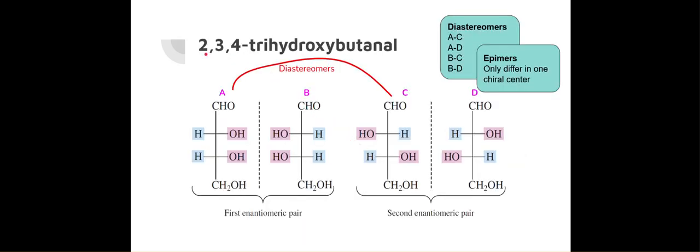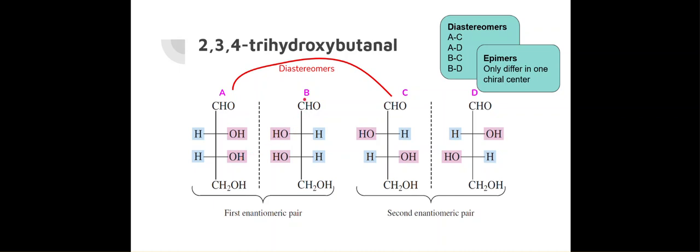So here's an example of 2,3,4-trihydroxybutanal. Here's our aldehyde group, that's why it's butanal, right? And we have two pairs here. We've got 4 possible isomers of this. This first isomer, A, has the hydroxy groups both on the right.